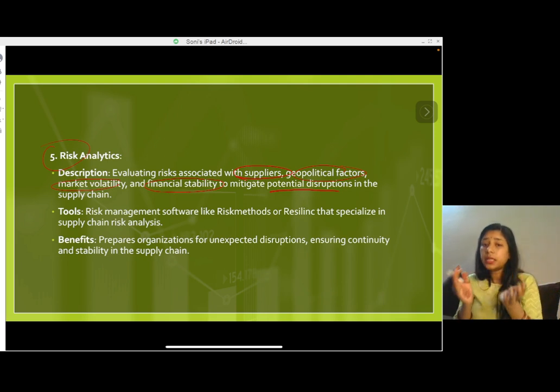What are the tools used for risk analytics? There are tools like Resilinc or RiskMethod. And the benefit, as you obviously know, is that it will help the organization prepare for any unexpected disruptions and ensure continuity and stability in the supply chain, right?